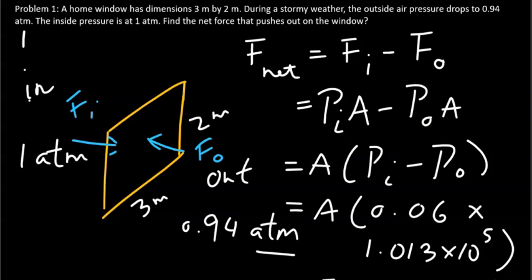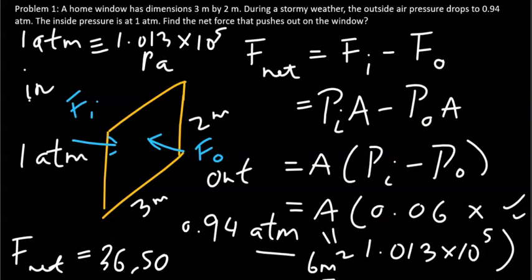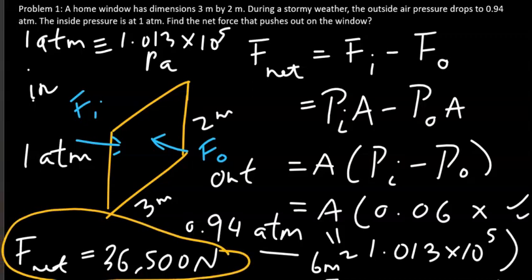Remember the conversion, 1 ATM is 1.013 times 10 to the power 5 Pascal. That is the conversion. A is 6 meters squared, 3 times 2 that is. And when you do this multiplication, you get the net force as 36,500 newtons. And that solves the problem.